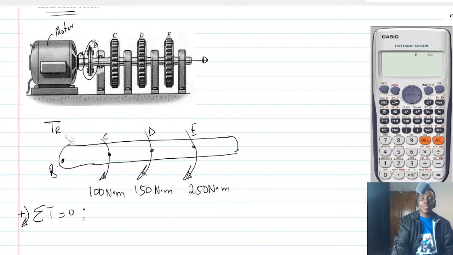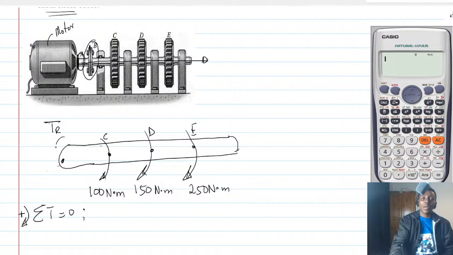No, I think I have to do it this way. So this is what we are saying. C, D, E are attached to the shaft. So they are going to rotate with the same direction. But then this portion is going to be counterclockwise.